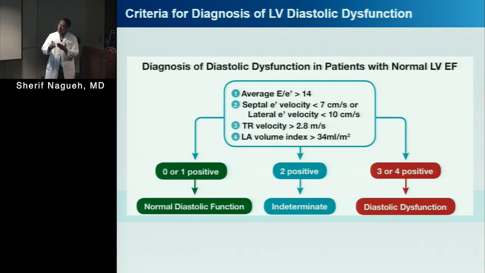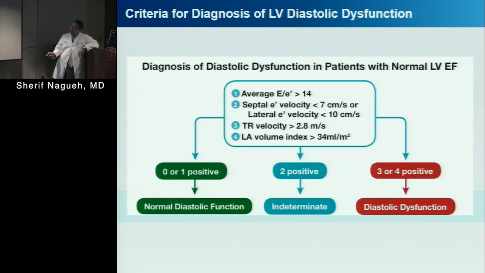And if you have that objective, then you say, I want more variables to be abnormal before I call someone having diastolic dysfunction. And also I try to select values that detect higher filling pressures with greater specificity.